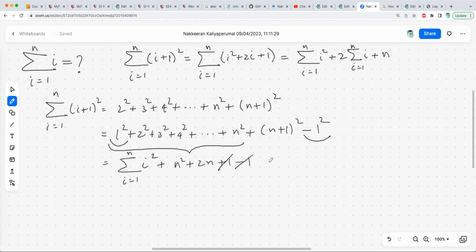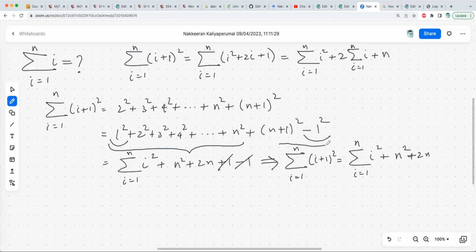So the plus 1 and the minus 1 can cancel. This implies the summation of (i plus 1) whole squared, i running from 1 to n, is nothing but the summation of i squared plus n squared plus 2n. I'm just writing the one we got from this side.